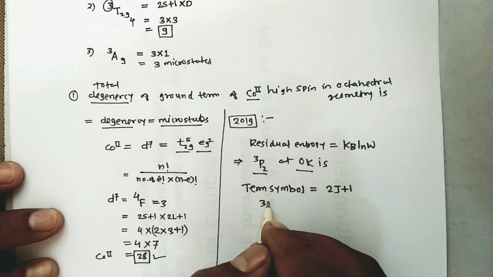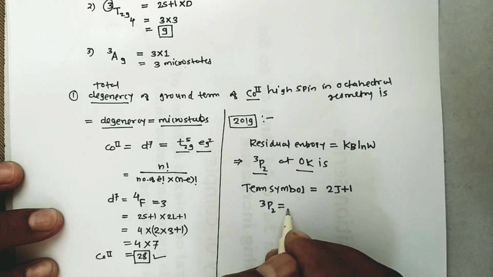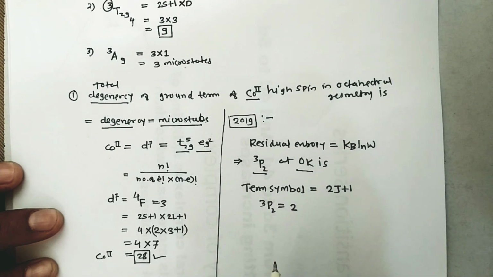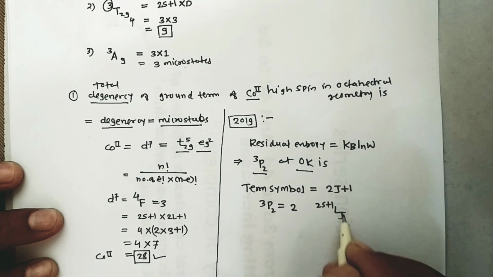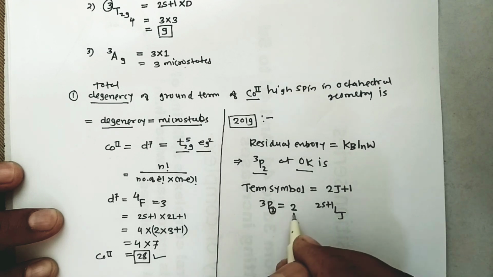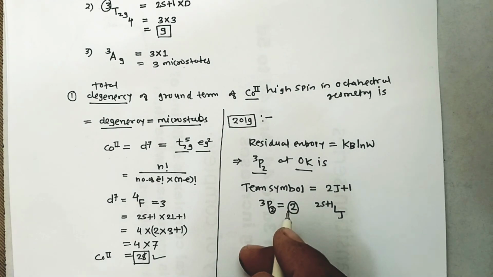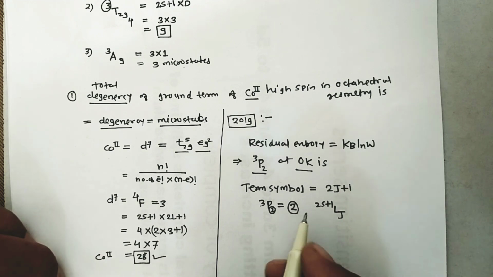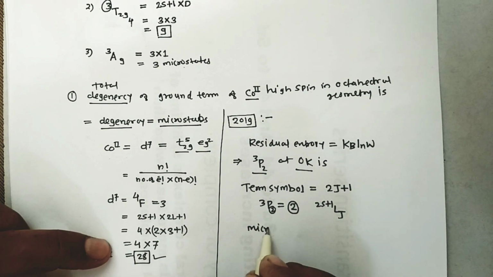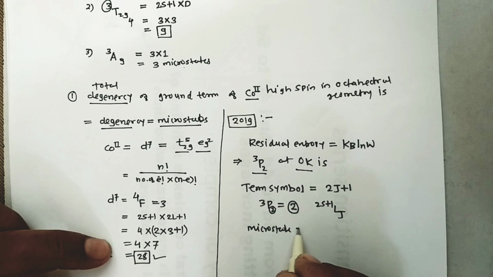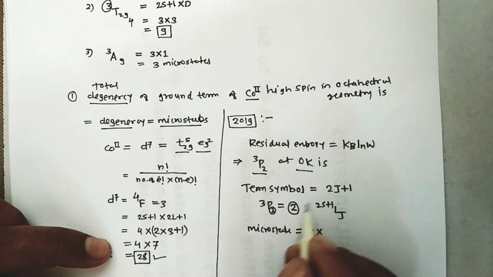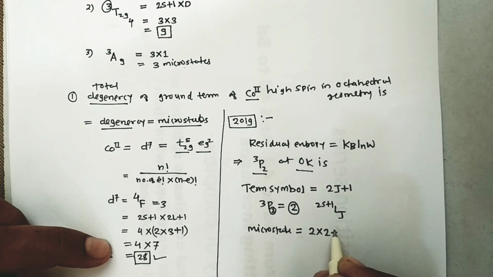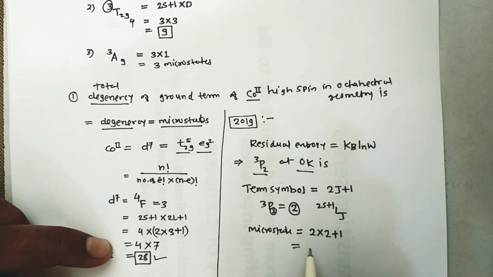If 3P2 is given, it means the value of J is 2, because the term symbol is represented as 2S plus 1 L J. So 2 is the value of J. Therefore we can calculate the microstates: 2 into 2 plus 1, that is 5. So there are 5 microstates.